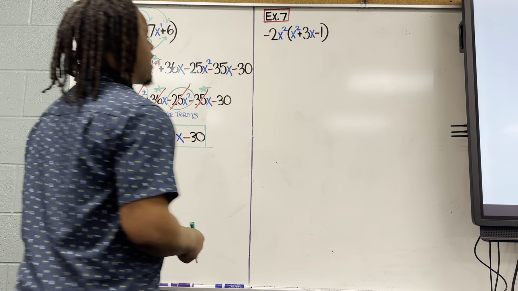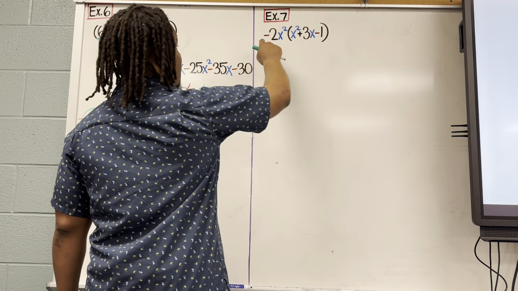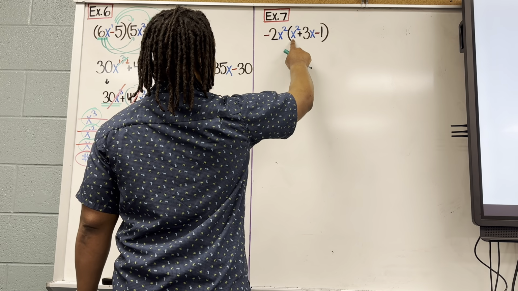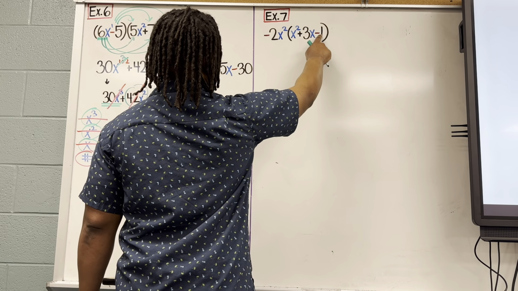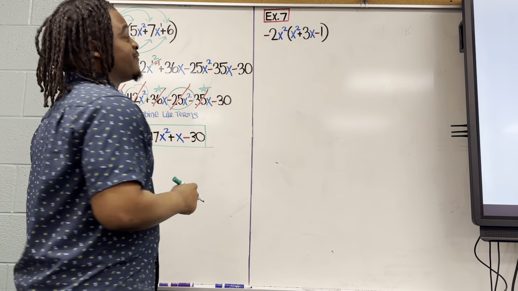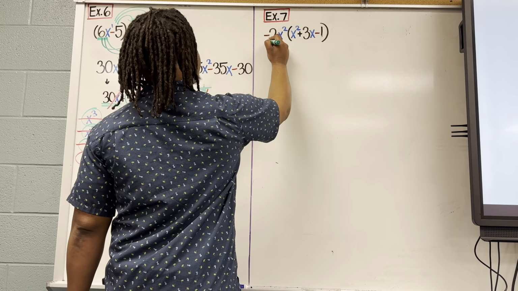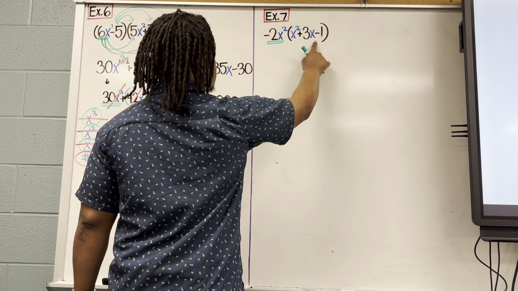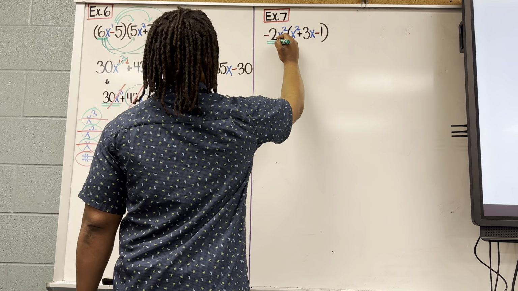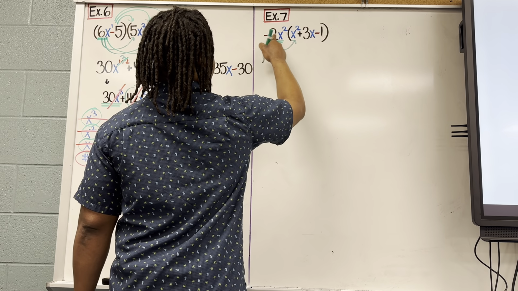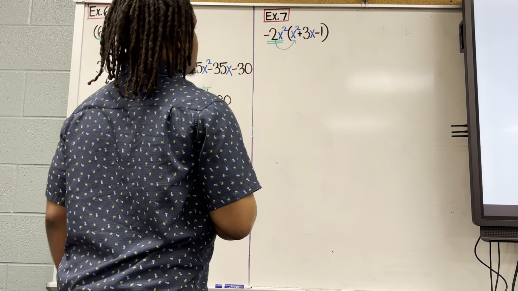Same thing over here, guys. Let's do example 7. I have a negative 2x squared times parentheses x squared plus 3x minus 1, parentheses close. Now, if you notice, guys, this particular value, which is negative 2x squared, is attached to this parentheses, right? Meaning that everything inside, we're going to multiply each value inside by this particular value, okay?